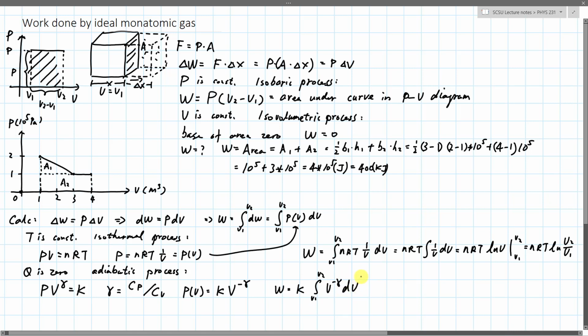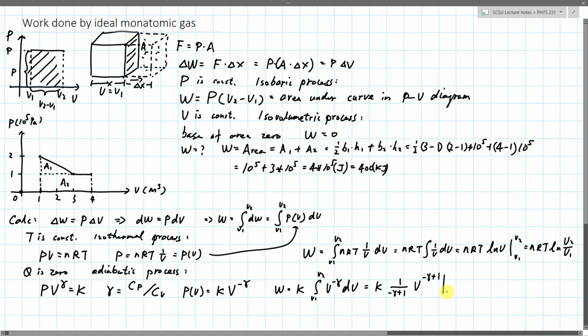So V to the whatever power dV can integrate into, this is minus gamma plus 1 as a factor. This is just the inverse of derivative. So V to the minus gamma plus 1. Just imagine you differentiate this, minus gamma plus 1 drops out, just divides by this, the factor is gone, and you get minus gamma's power, right?